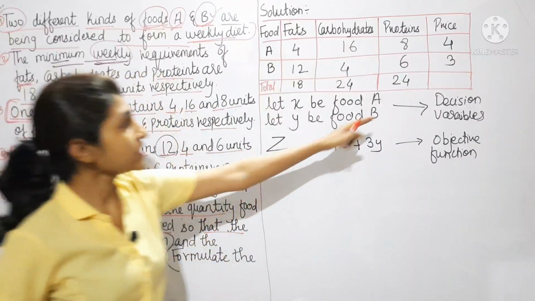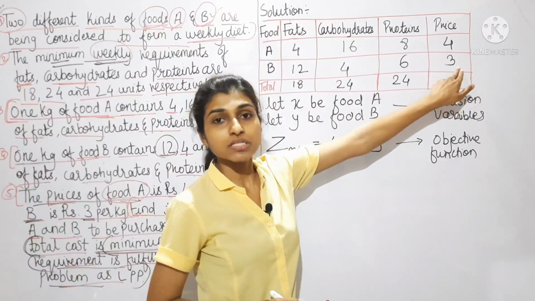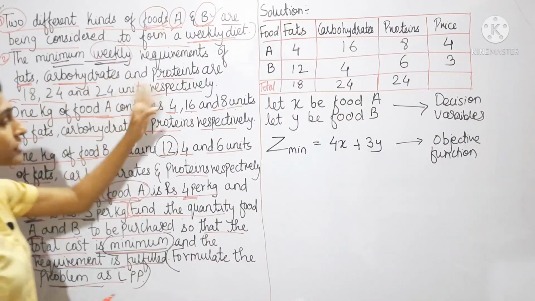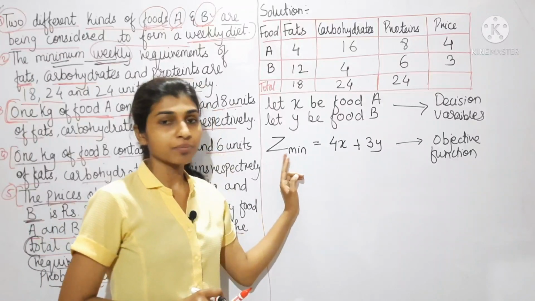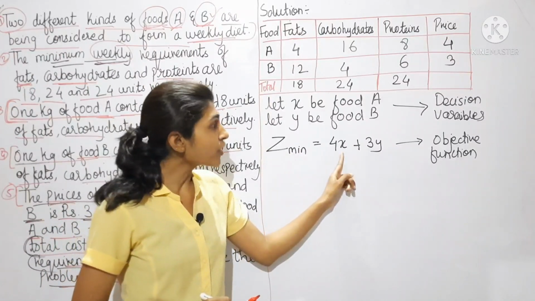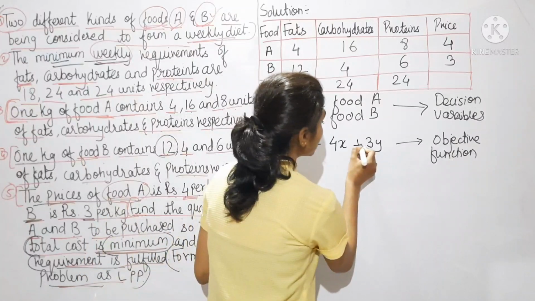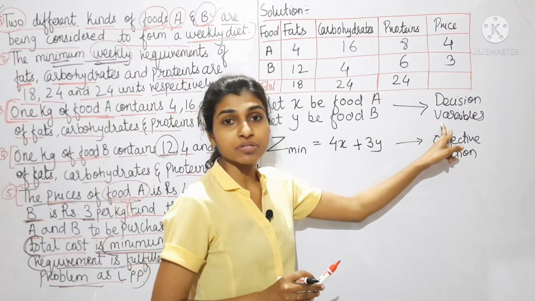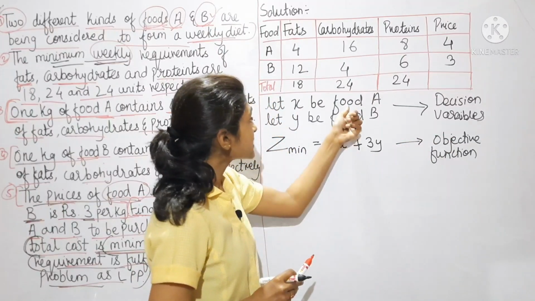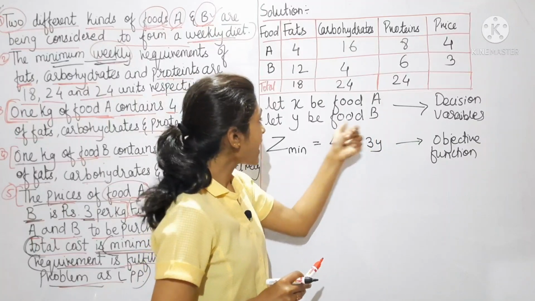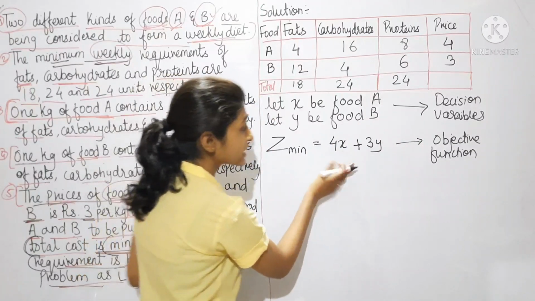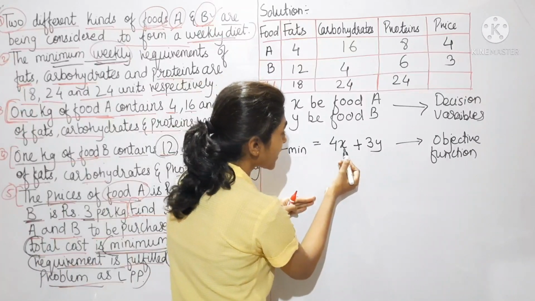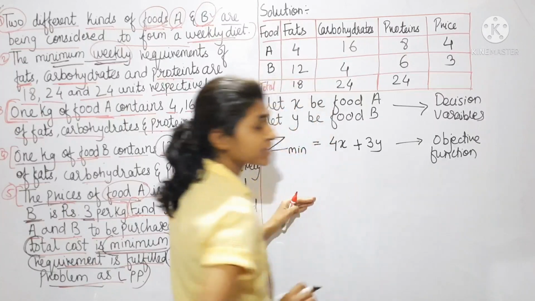If the prices are low, we can take more fats, carbohydrates and protein. So Z minimum equals 4x plus 3y. X and y are the decision variables. We have considered x as food A and y as food B. So this is what we formulated into an equation.